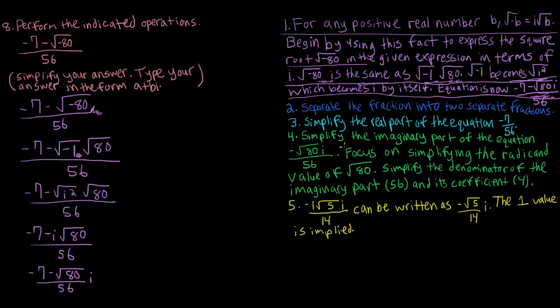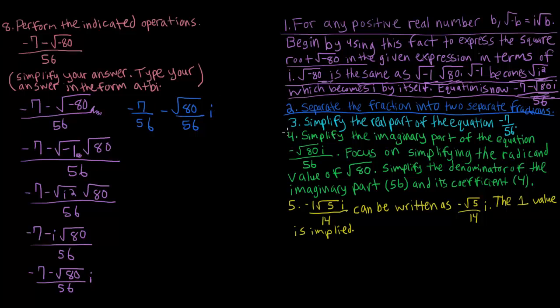Now step 2, separate the fraction into two separate fractions. So if we did that, we'd have -7 over 56 minus square root of 80 over 56 i.